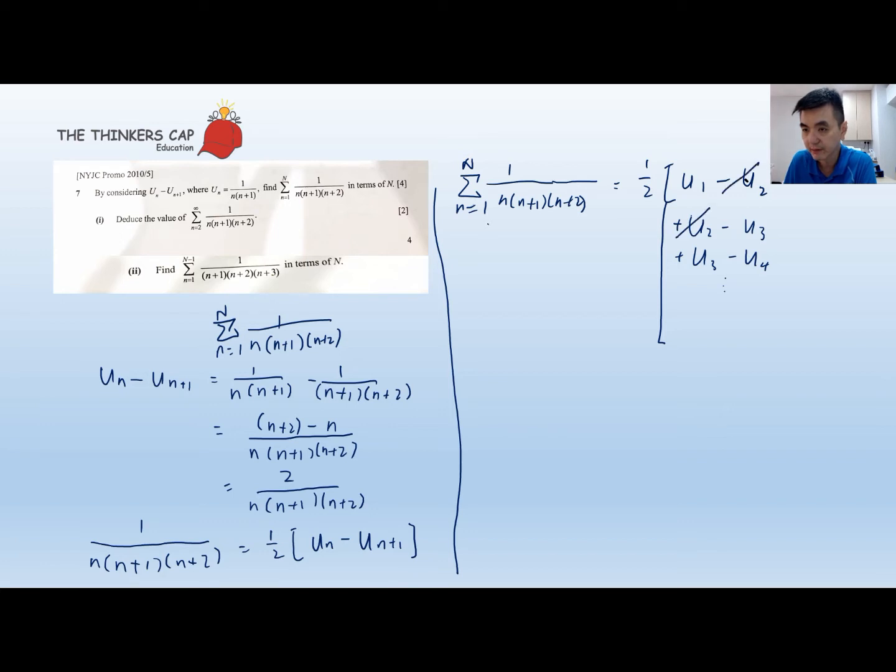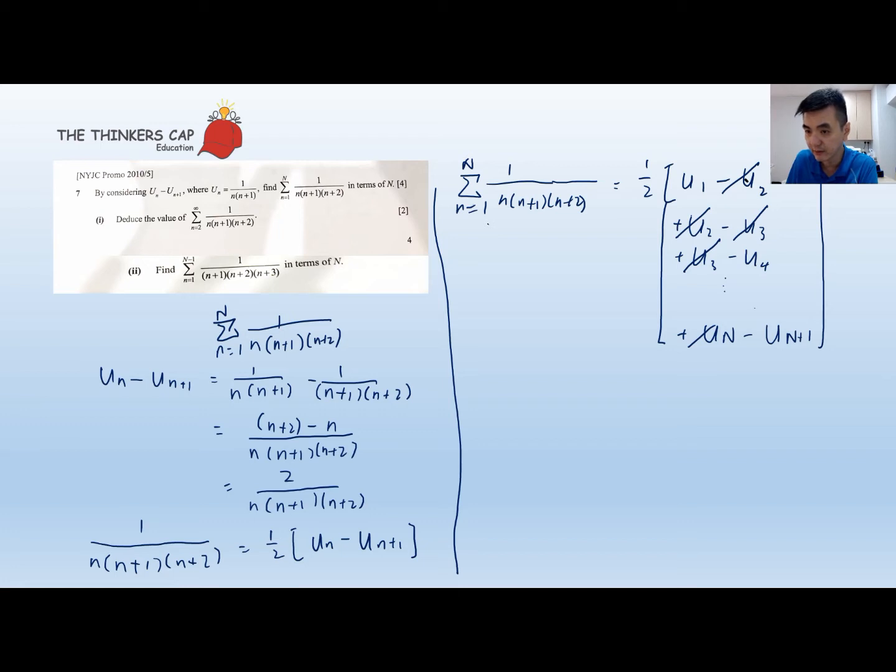I'm going to write the last line as well. The last line will be un minus un+1, and in this case my un will be cancelled against the previous line.